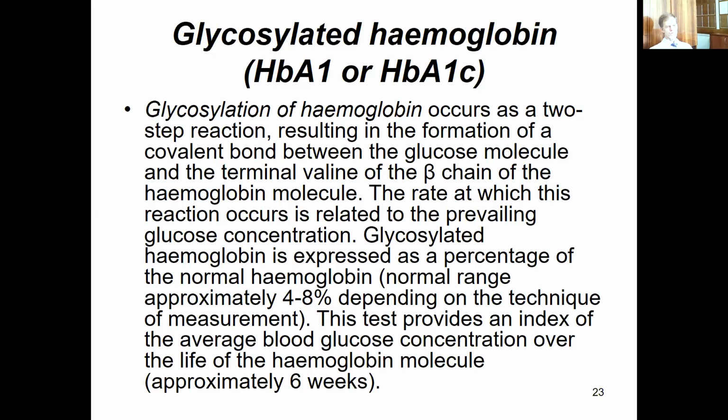Normally, in a healthy person, about 4 to 8% of hemoglobin is glycosylated. This is normal. If glucose is attached to hemoglobin, they travel together until this hemoglobin is broken down. You know that erythrocytes live 4 months, and hemoglobin also lives 4 months, and after that it's destroyed.